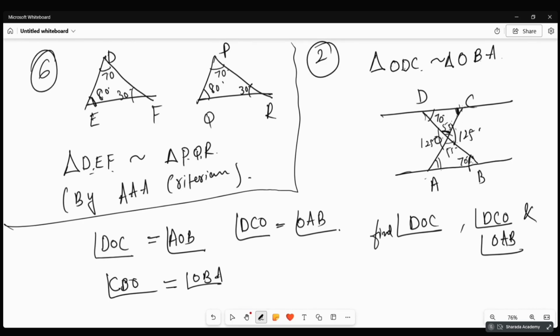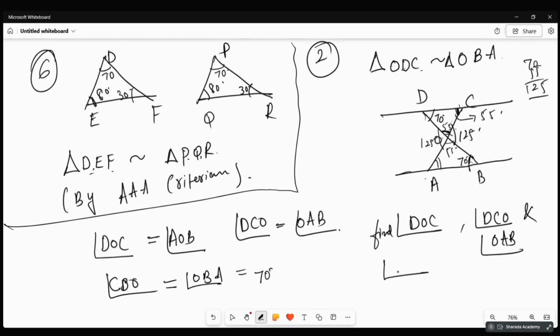What about C? 55. 70 plus 55. How much will you get here? It is 125. So this angle is also equal to 55. Angle sum property. Clear, no? So now angle B is 70 degrees. This is 70 degrees.